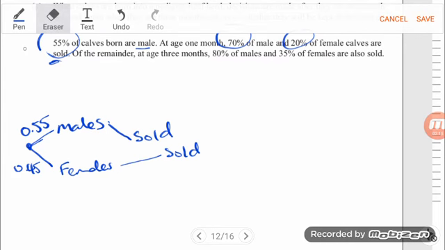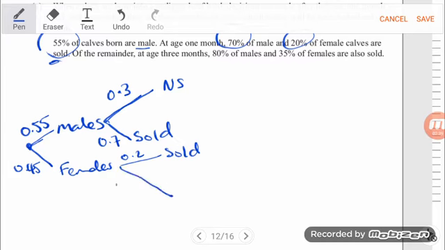So let's keep that consistent, decimals, 0.7 are sold. 0.2 of females are sold. Again, they're either sold or not sold. So how many are kept? They have to add to 1, so 0.3. 20% of females are sold, 0.8 are not sold, or kept. I'll just put K for kept.